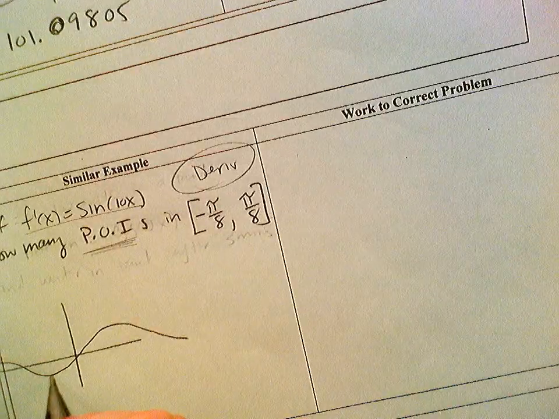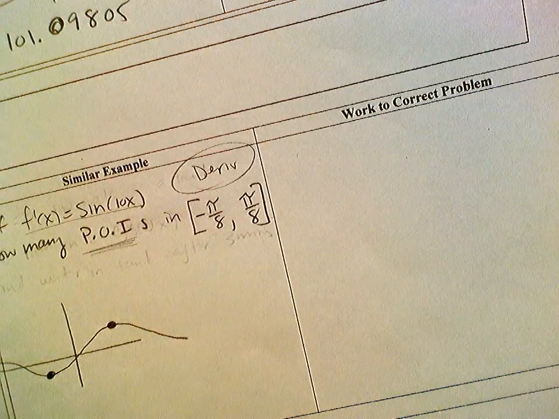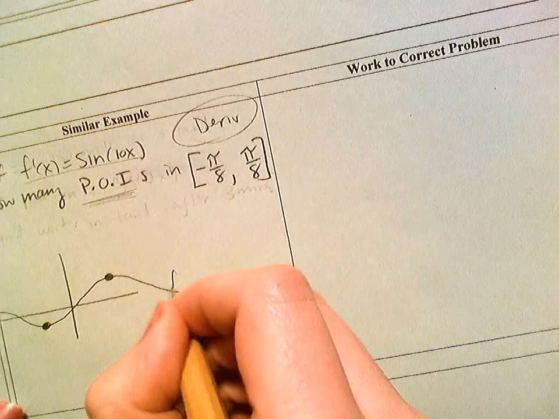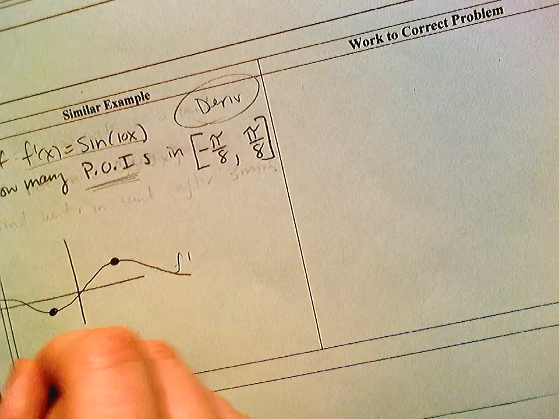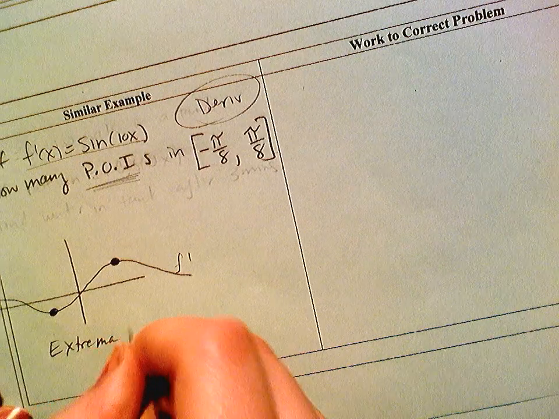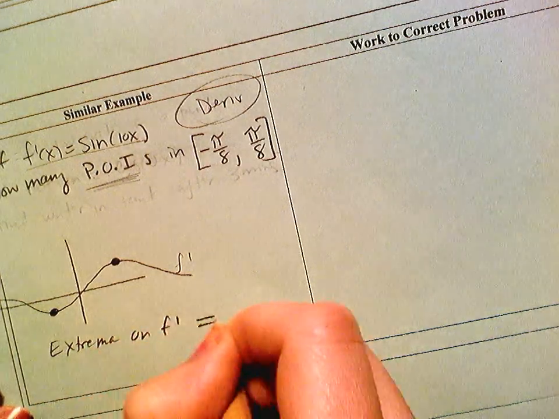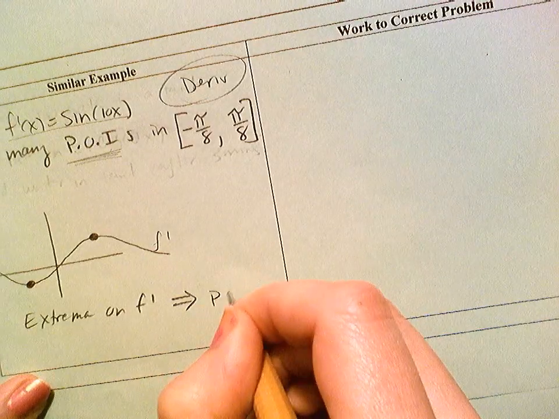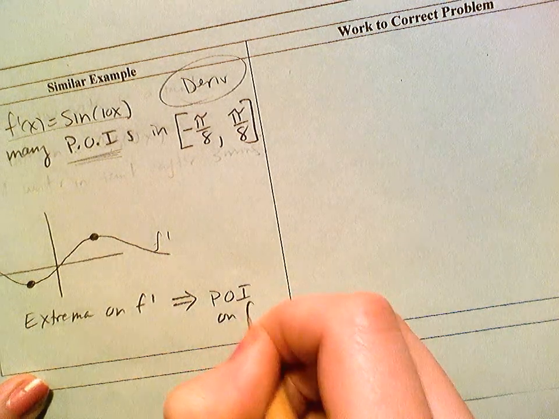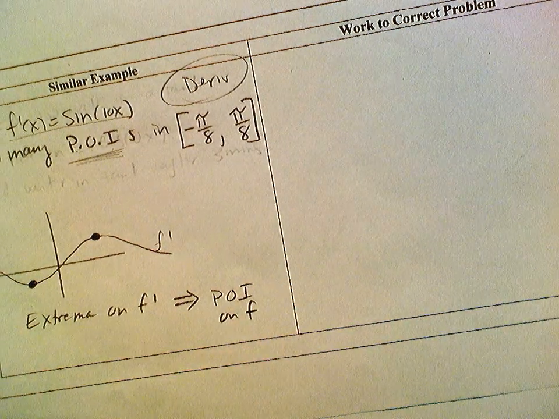It looks something like this. So this is f prime. Extrema on f prime, then POI on f.